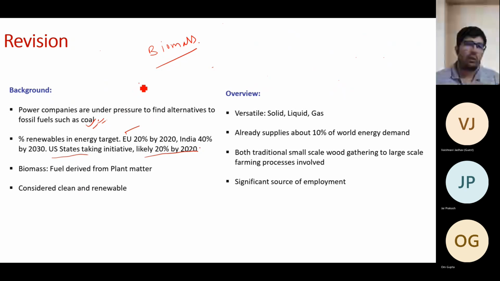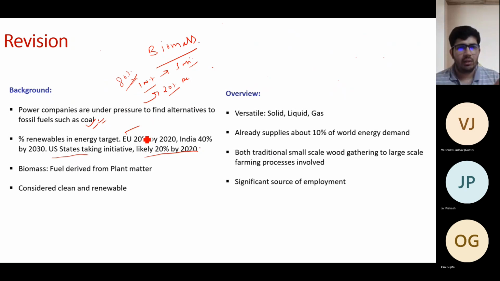Suppose 100% of our energy is coming from fossils as of now, they are trying to get 20% from renewables, so fossils will get only 80%. They are trying to reduce the percentage of fossils by increasing the percentage of renewables.